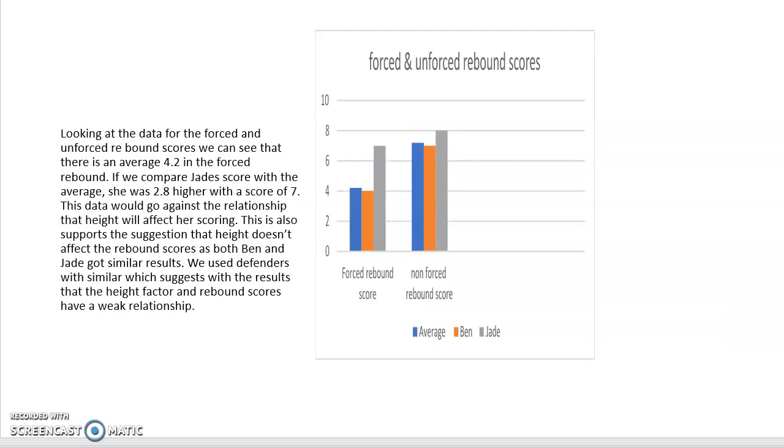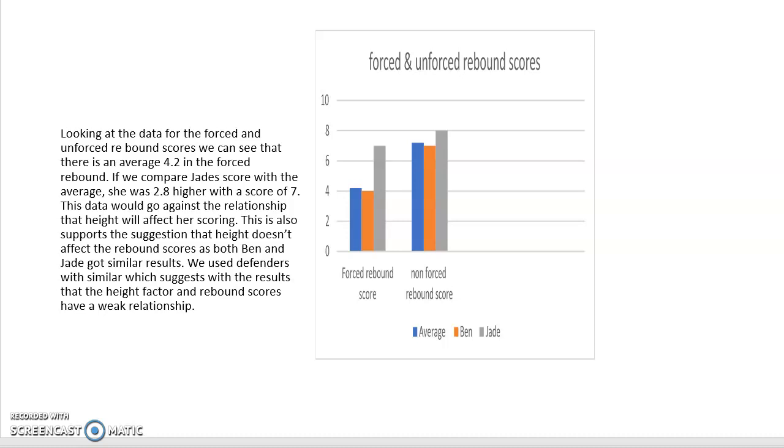So when we look at the forced and unforced rebound scores, we can see that there is an average of 4.2 in the forced rebound. If we compare this to Jade's score with the average, she was 2.8 higher with a score of 7. This data will go against the relationship that height will affect her scoring.